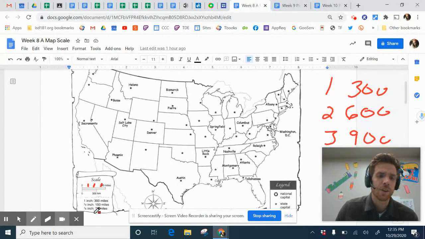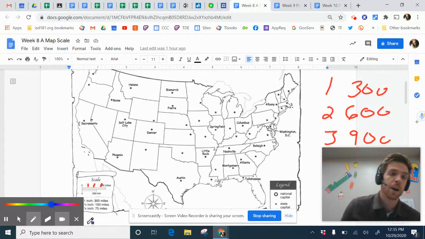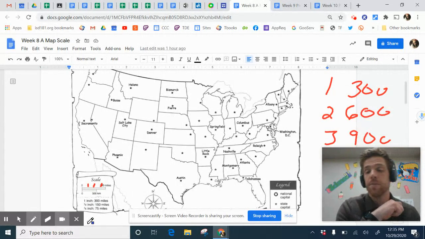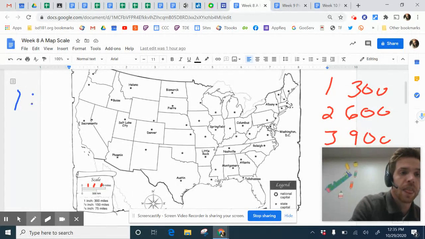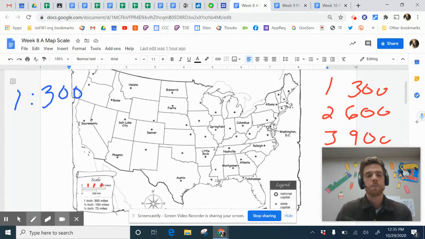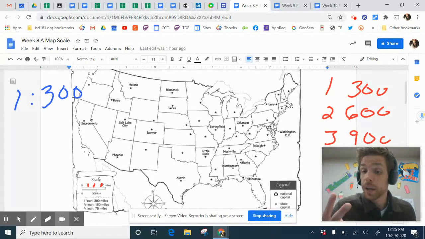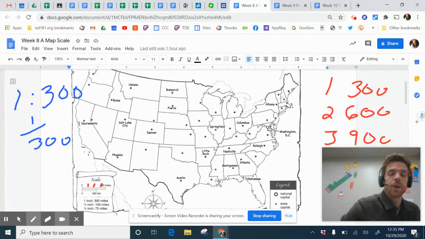Getting back to our ratio that we started with over here, we have 1 inch to 300 miles. Now, notice it is labeled very well on our map. I am not going to label it very well just because I have chubby fingers when I write on my computer. So 1 to 300. That is one way you could write a ratio. You can write a ratio a second way. The second way you'd write a ratio is as a fraction, 1 to 300.